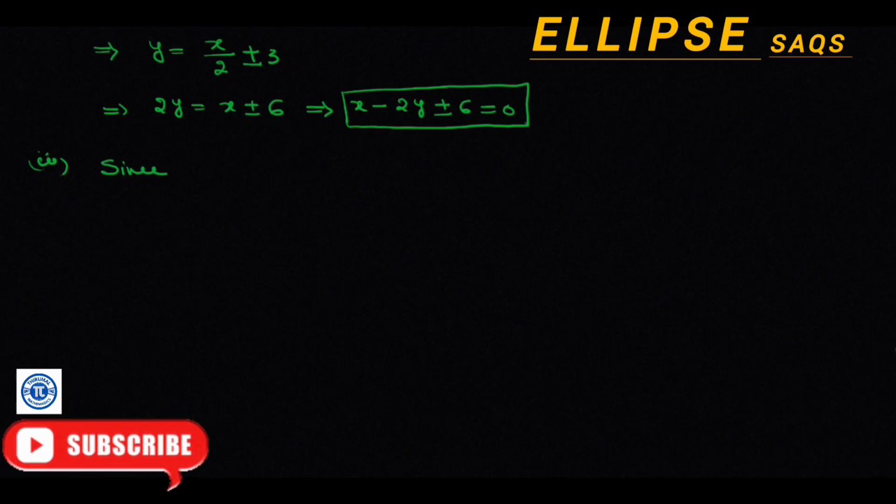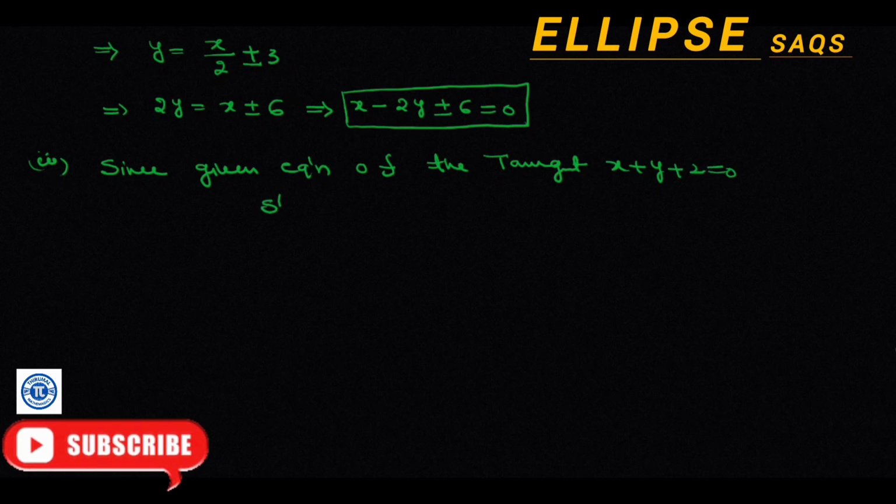Since given equation of the tangent x plus y plus 2 equal to 0, write slope m equals minus a by b is equal to minus 1 by 1 is equal to minus 1, so m equal to minus 1.